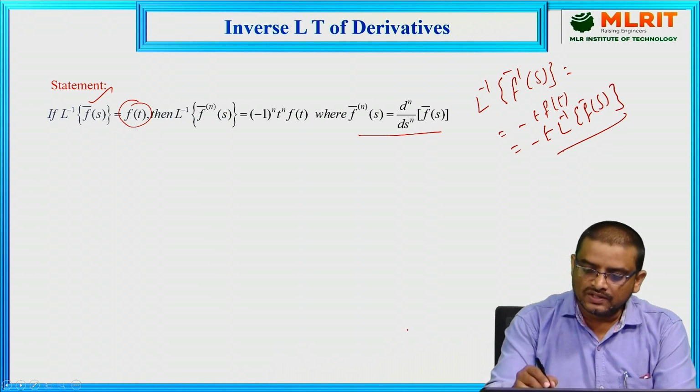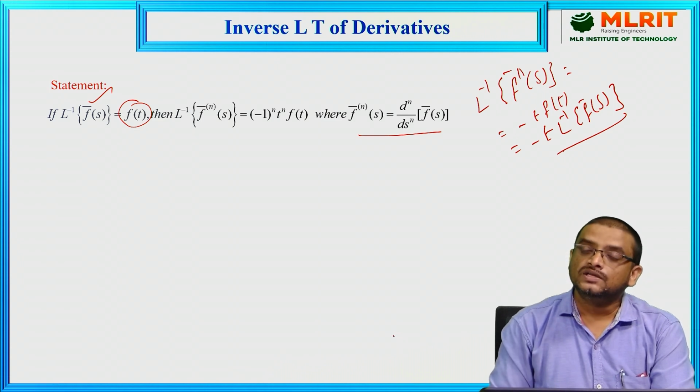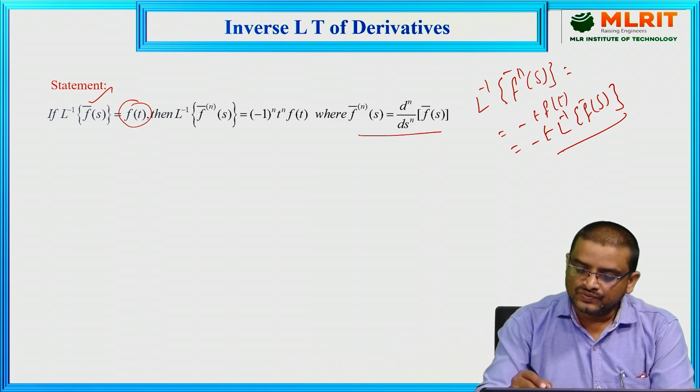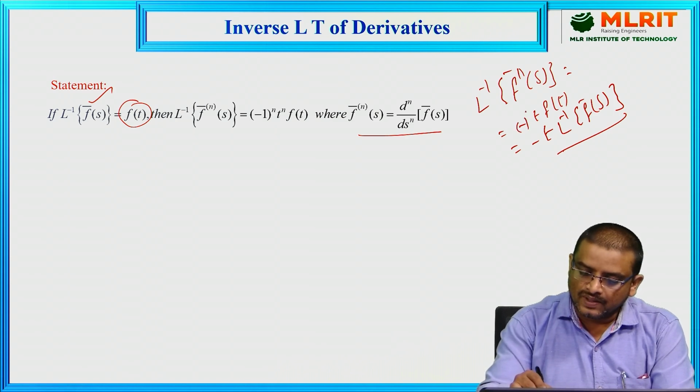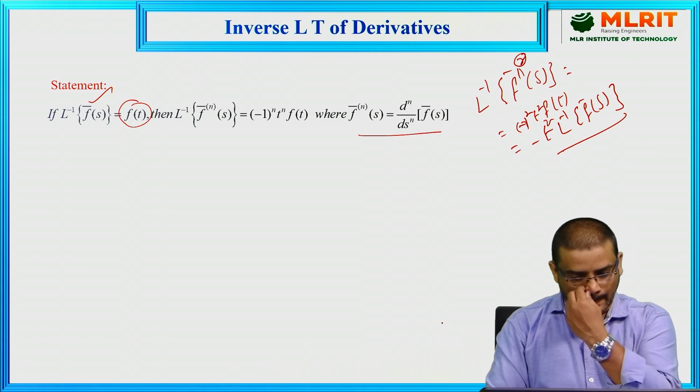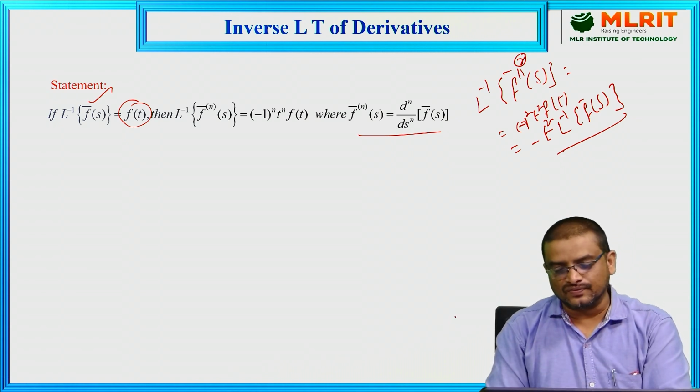And similarly, if you want the inverse Laplace transform of the second derivative f bar double dash of s, then you take minus 1 whole square into t square. Since the number of times we have applied the derivative is 2, the power of t on the RHS must be 2, times L inverse of f bar of s.